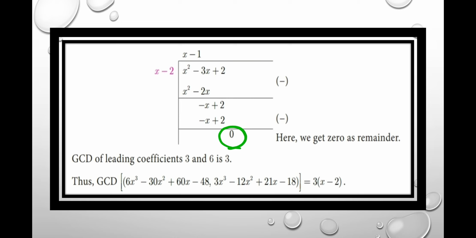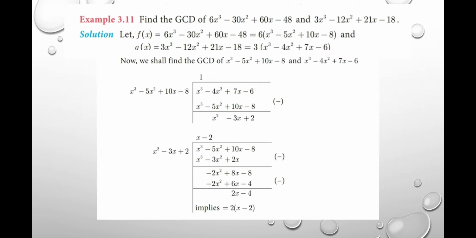If the remainder is 0, then the GCD is x minus 2. Already we have the leading coefficients 3 and 6. So, we have to find the GCD of 3 and 6. Here we get factors 6 and 3.